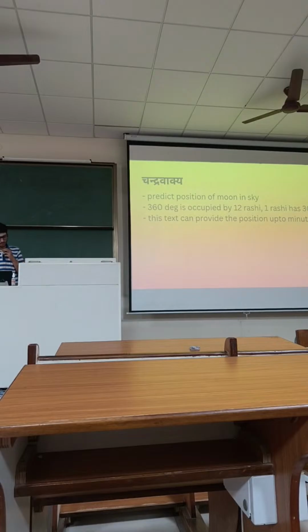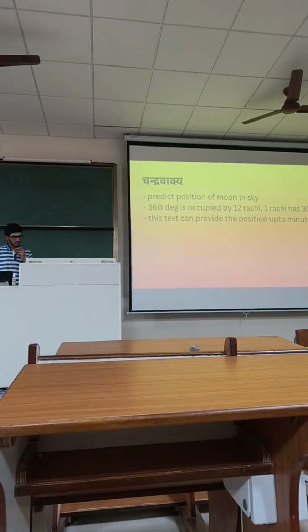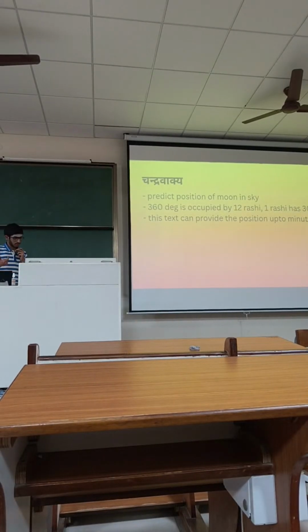Even Katapayadi was used to predict the position of the moon in the sky. We know that there are 12 Rashis and each Rashi has 30 degrees. So in total we have 12 into 30, which is 360 degrees.